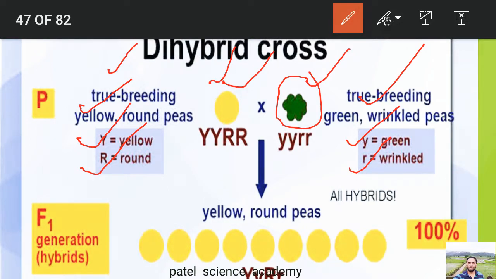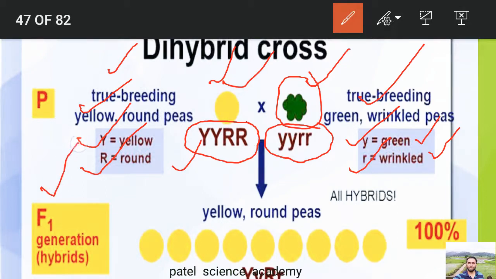So in this cross you can see capital Y, capital R is the genotypic pair for the yellow round garden pea plant, and small y, small r is the genotypic pair of the green wrinkled parent. If these two parents are crossed with each other, what will happen? They will produce the F1 generation.